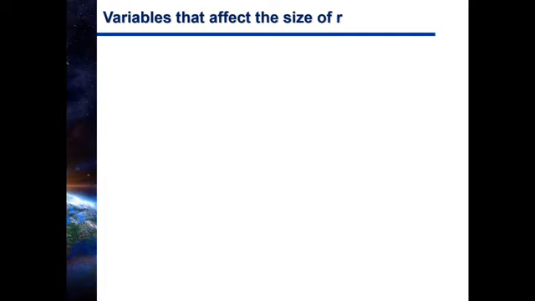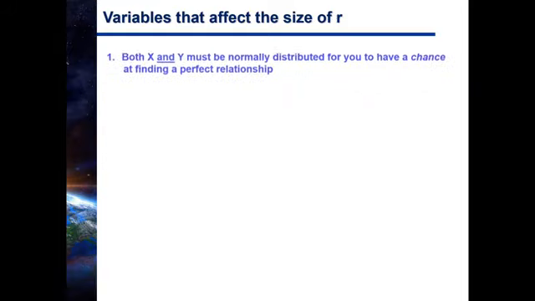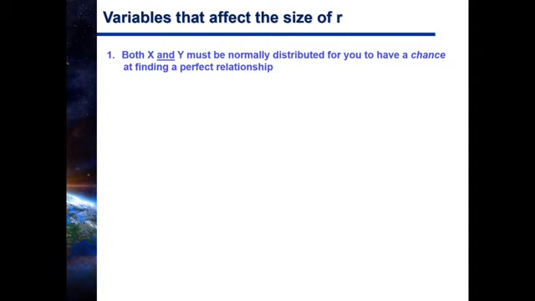Now we're going to look at variables that affect the size of your correlation coefficient. And this is where we have to revisit, or at least some of these things anyways, the assumptions. Now, one of the assumptions was that x and y must both be normally distributed, right? And so what happens if x or y, or maybe both, are not normally distributed?